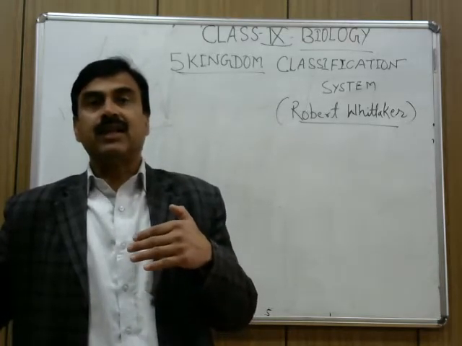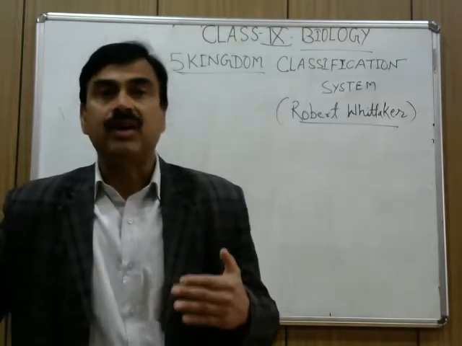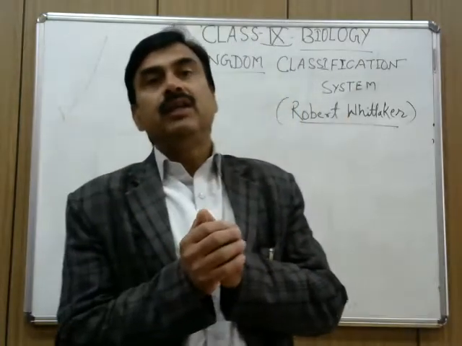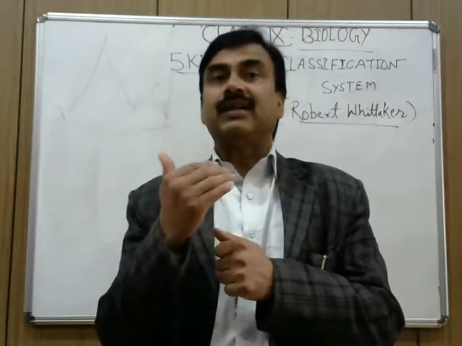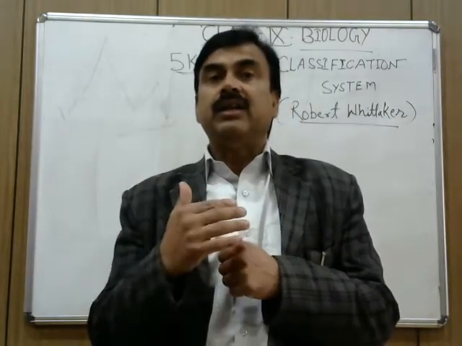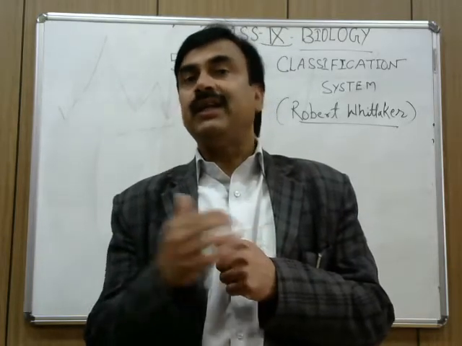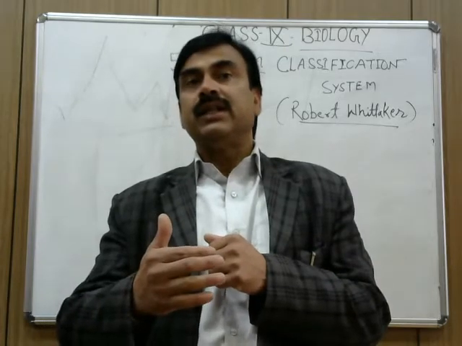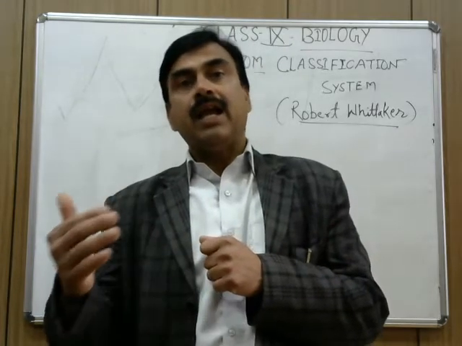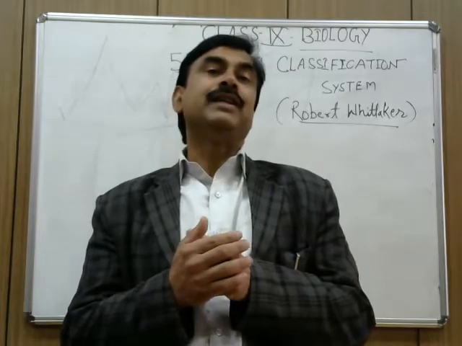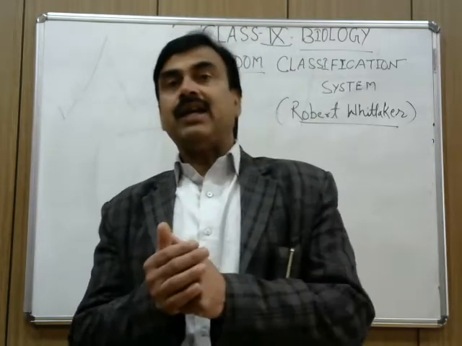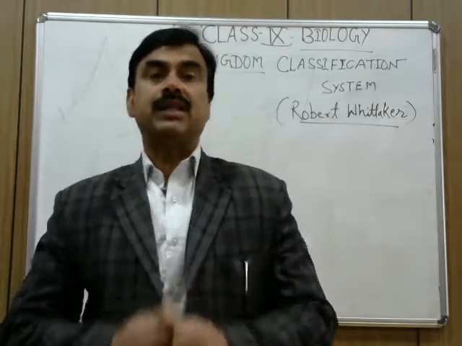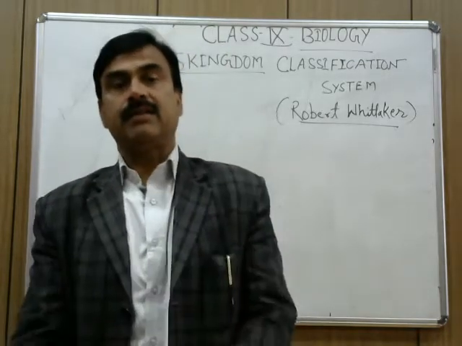So the first one is kingdom, then phylum or division, then class, then order, then after order we write family, then the name of genus, and the last one is species. You have already noticed this in my first lecture on classification.